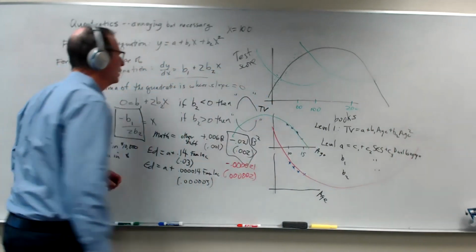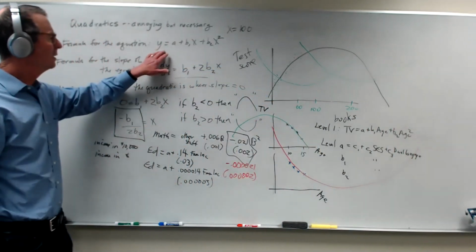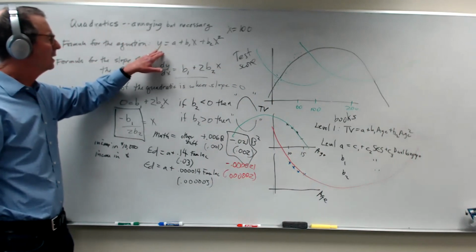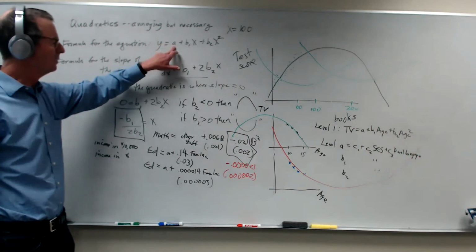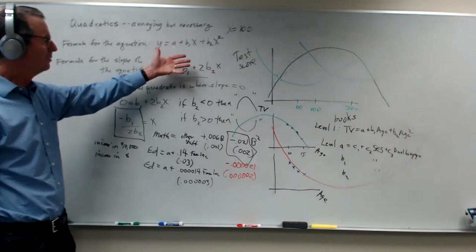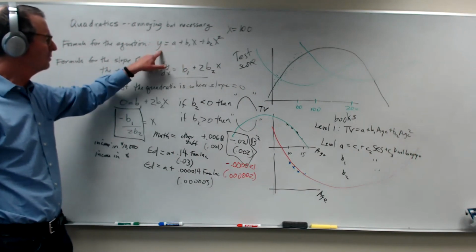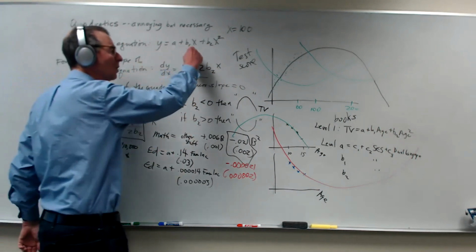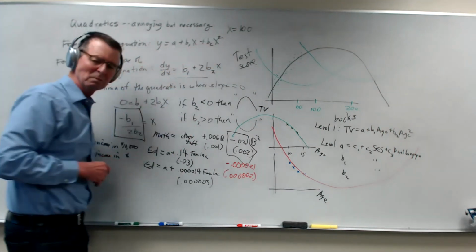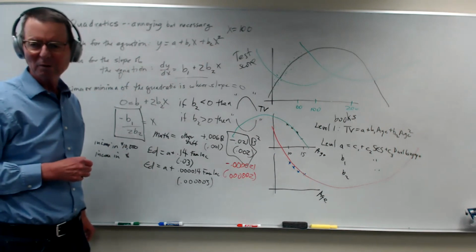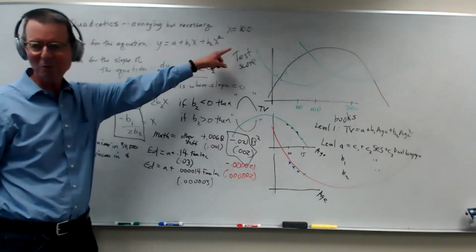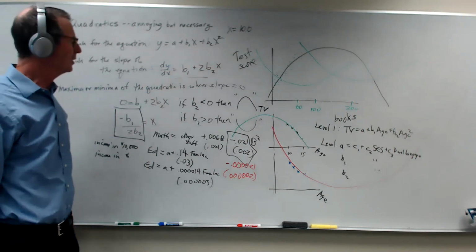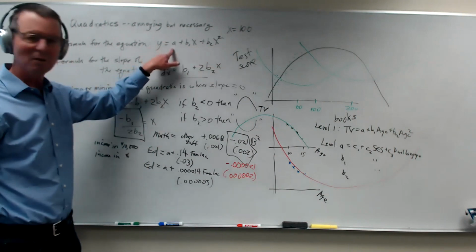In fact, go back to the equation, any equation, it doesn't have to be a quadratic equation. If you want to know what the constant is, well, the constant is just the value of y when all of the independent variables take on 0 values. Plug in 0 for x, 0 for x squared, 0 for all the other independent variables, then you get a.